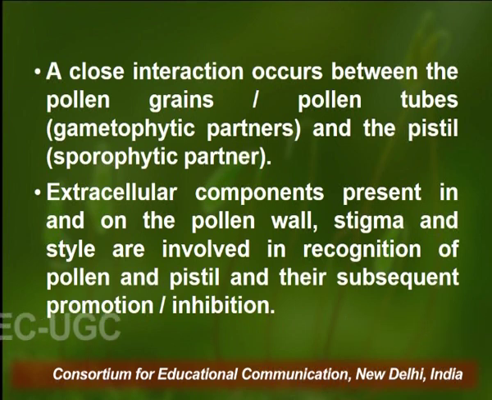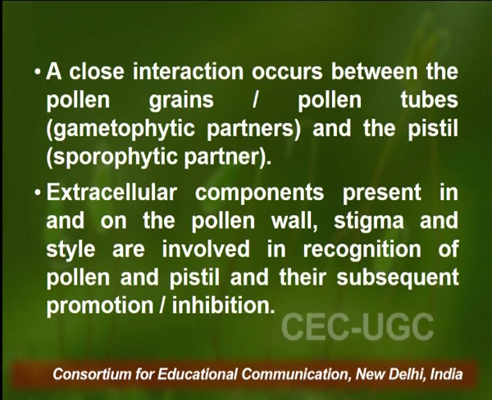Extracellular components present in and on the wall of the pollen, stigma and style are the ones involved in this recognition reaction. That is, the pistil recognizes the pollen which it will allow to germinate.